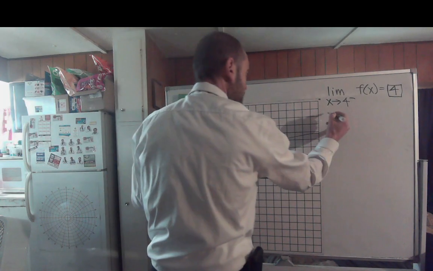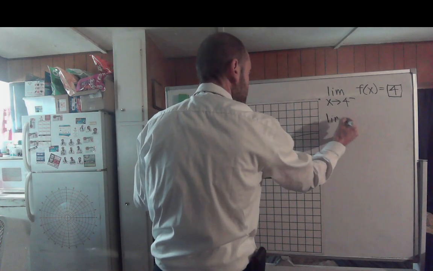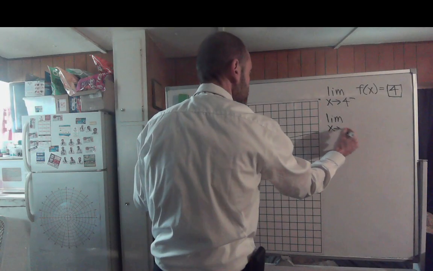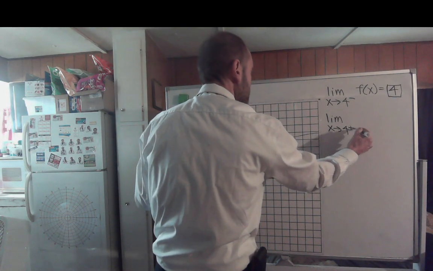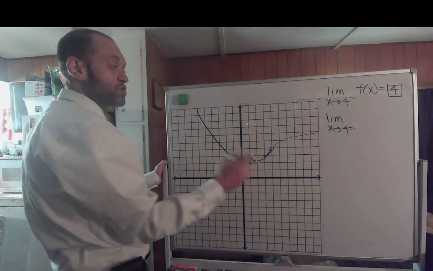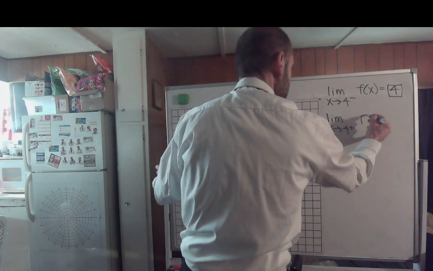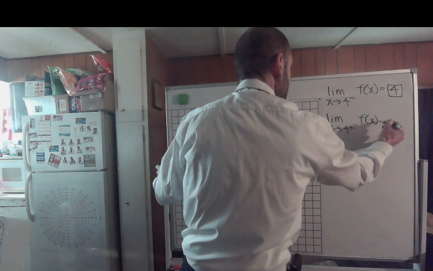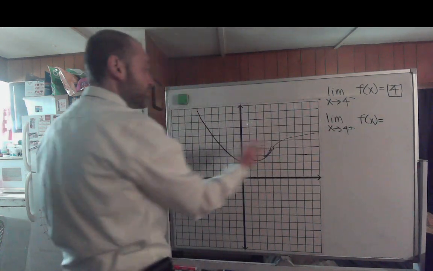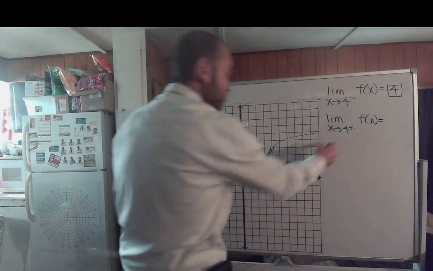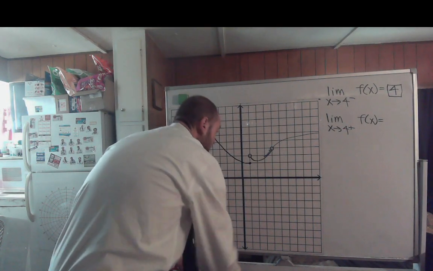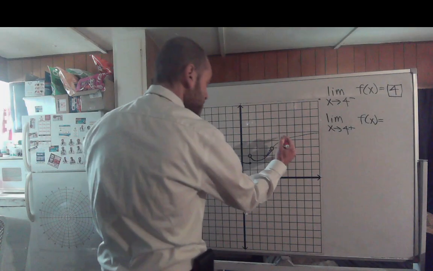Now, what if I want to take the limit as x approaches 4 from the right? So notice I have that superscript plus sign. That means this time I'm going to approach the function from the right-hand side. X approaches 4 from the right. I'll put that in my red marker color.